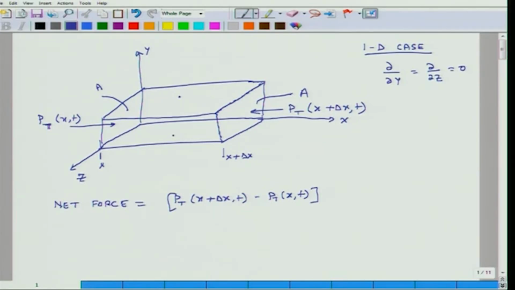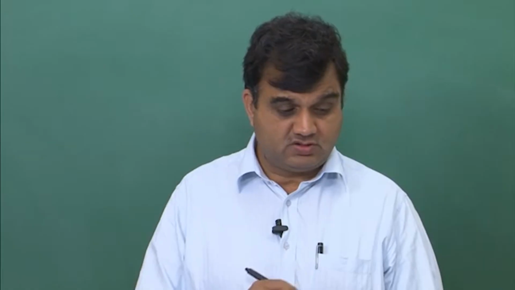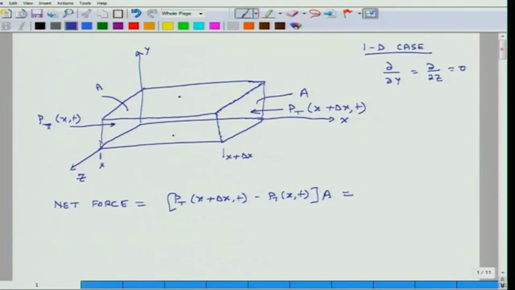So that's the difference in pressure, and since the cross sectional area is the same, if I multiply this difference by area A, then that's the net external force, and this force has to equal the rate of change of momentum.